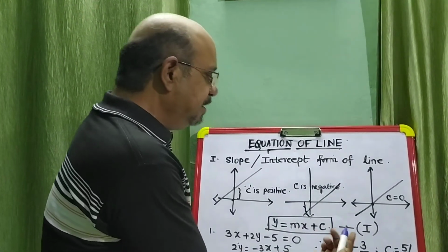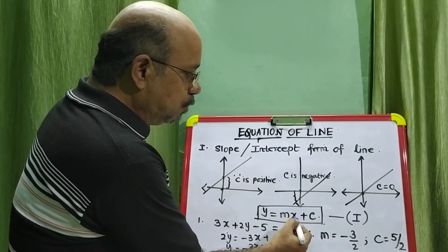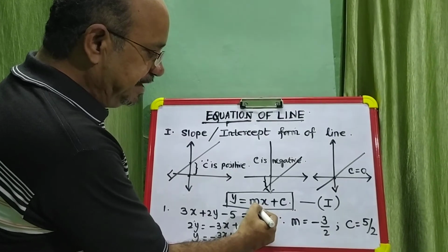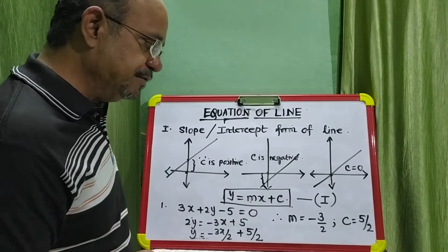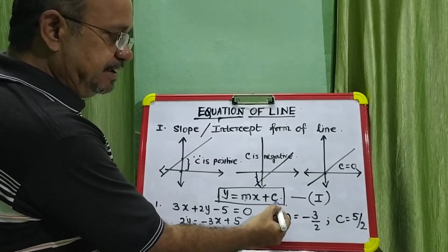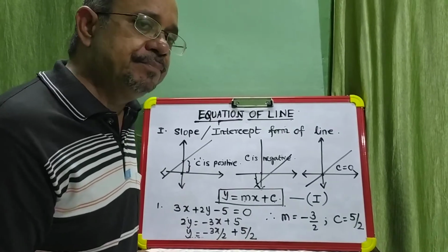In mx plus c, the coefficient of x is m, which is the slope of the line, and the term which is independent of x is the y-intercept of the line, known as c.